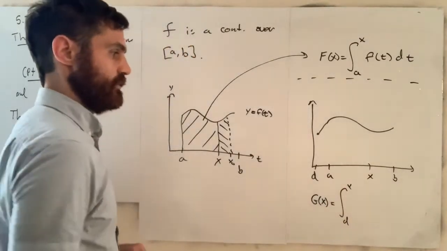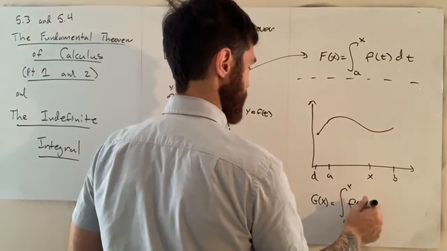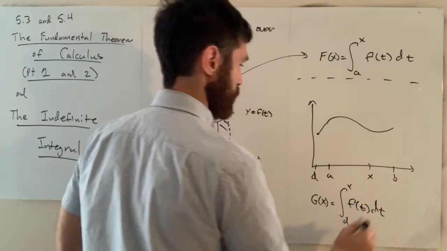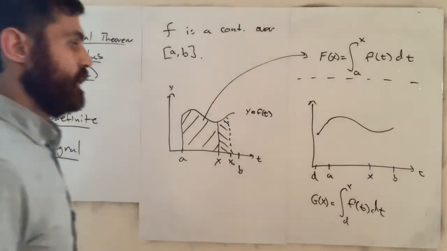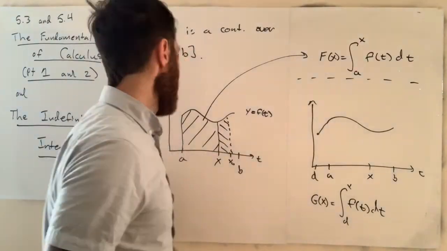So some x value there, and inside you have f with respect to the t-axis there. Well, what's the difference between g and f?